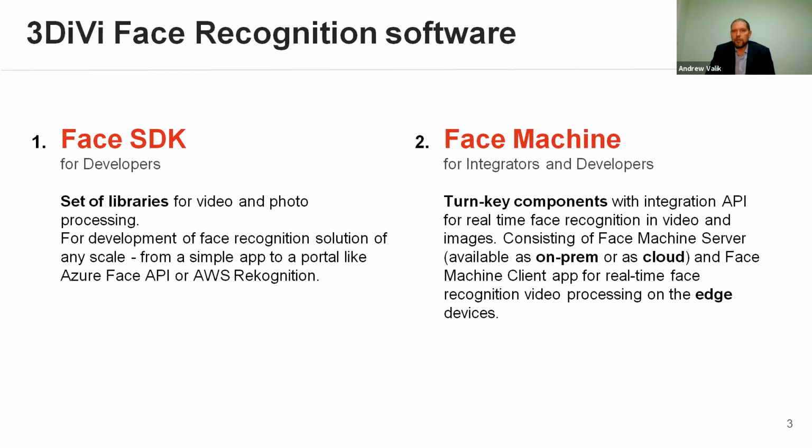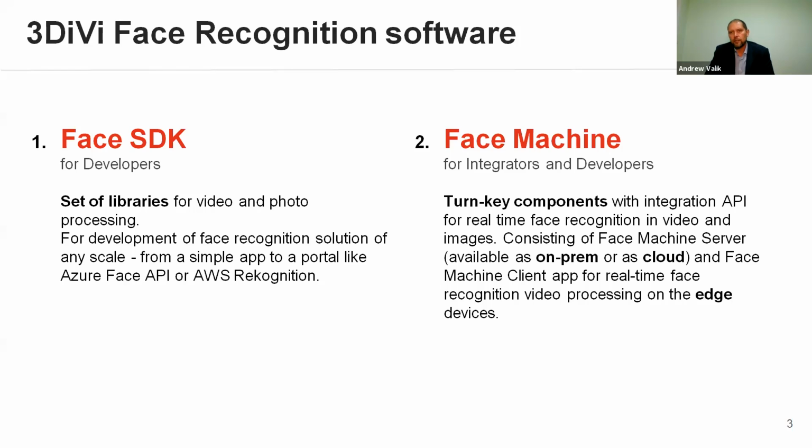So the main difference between these two products: the first product, Face SDK, is for developers. It's libraries without storage, just processing, to build your application or solution from scratch. And Face Machine is for integrators.